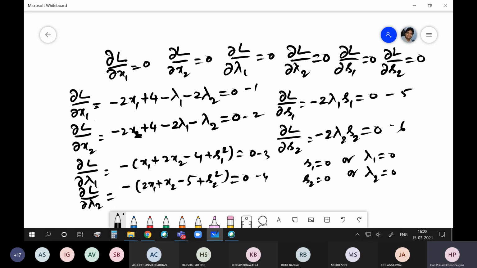That means the lambda values, lambda 1 and lambda 2, because both the constraints are less than or equal to constraints, are the corresponding Lagrangian multipliers. So you should get lambda 1 and lambda 2 as positive. You have to take only those, others are not possible.